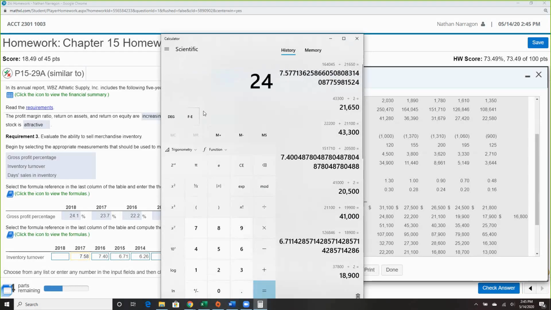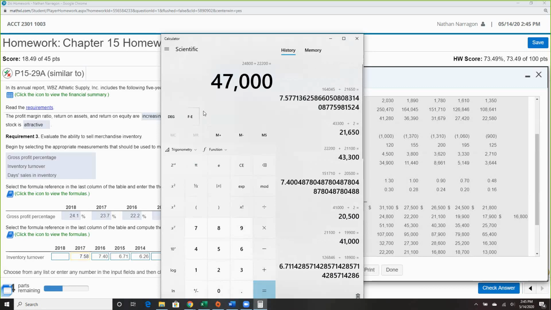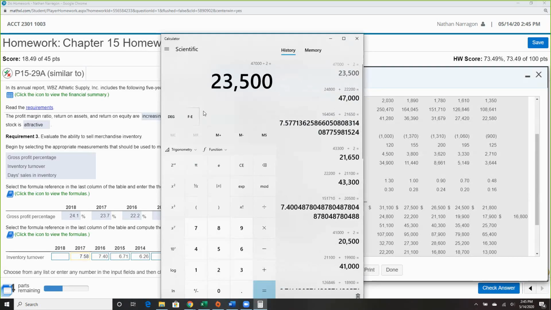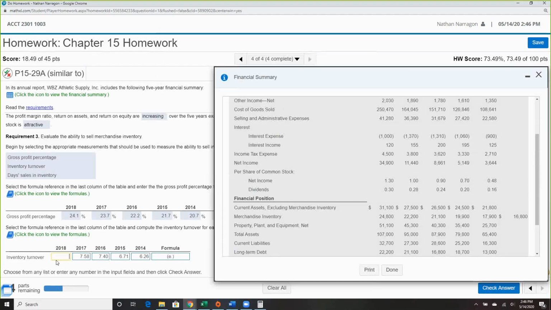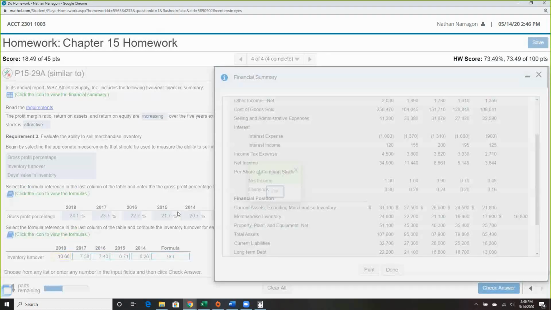Inventory was 24,800 plus last year's, divide by 2. Then take the cost of goods sold and divide by 23,500. So 10.66. All right. We're doing good.